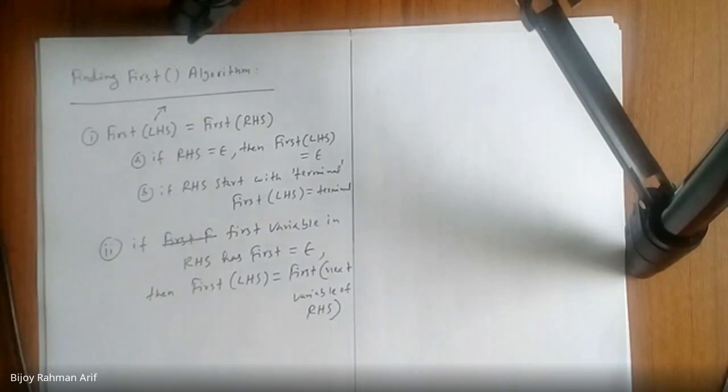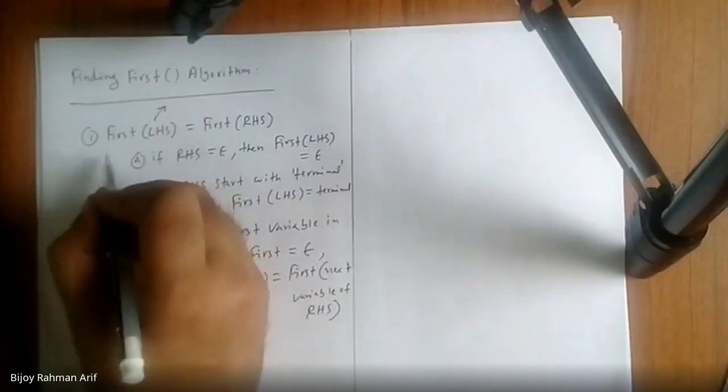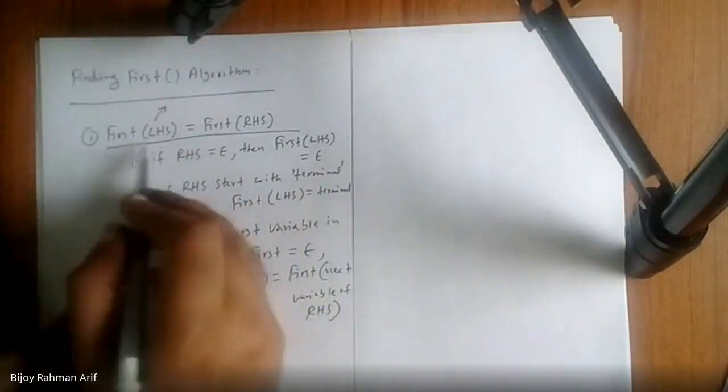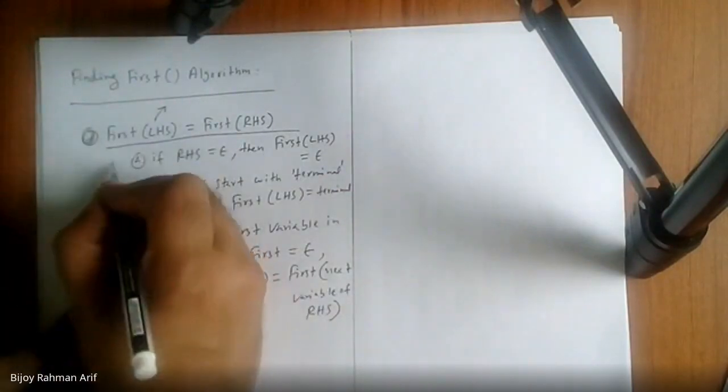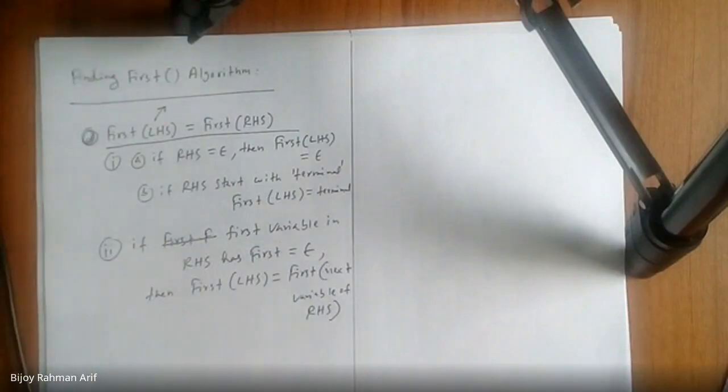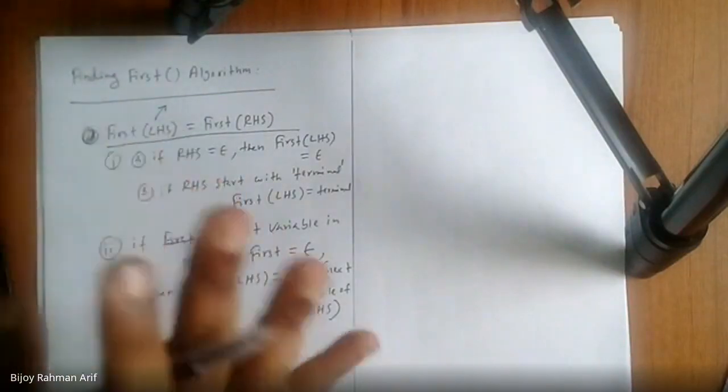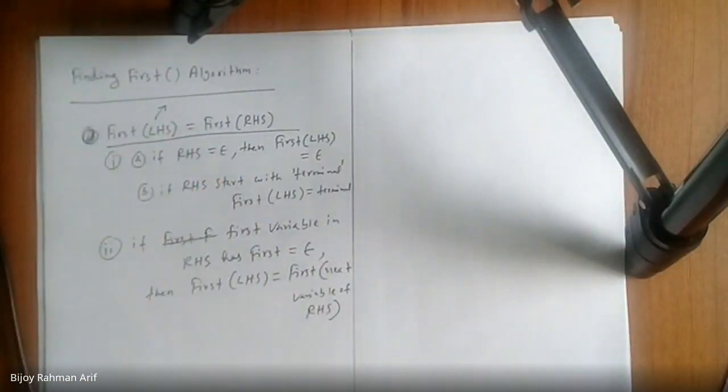According to the definition of context-free grammar. Sir, what does rule number 1 say, is there an if condition? No, I gave a general statement; it is always true. First of LHS is equal to first of RHS. That is a general rule. First of LHS is always first of RHS.